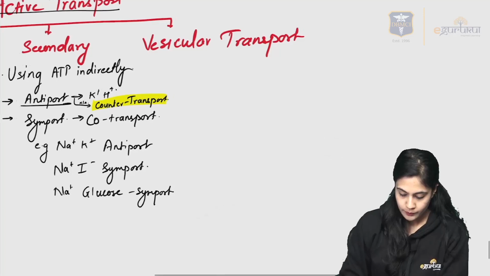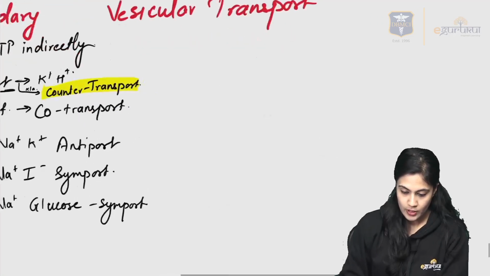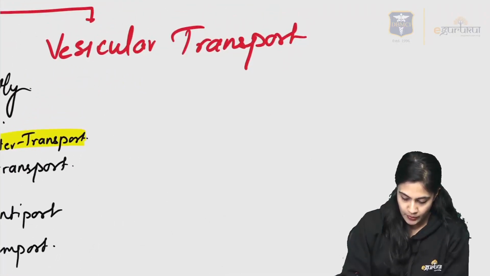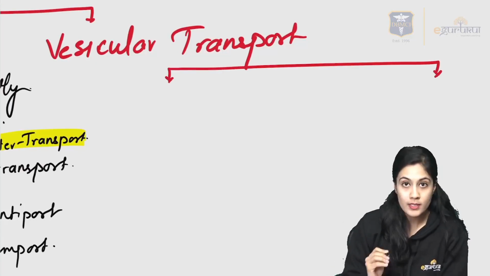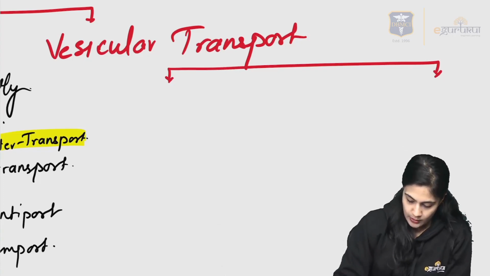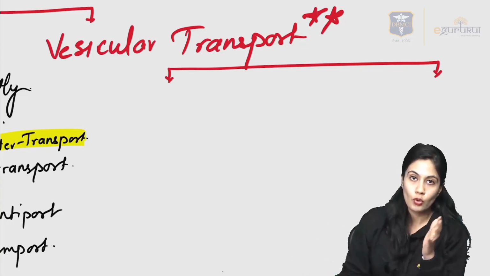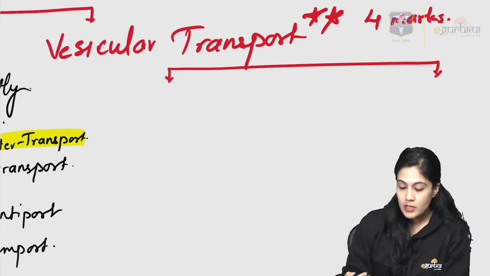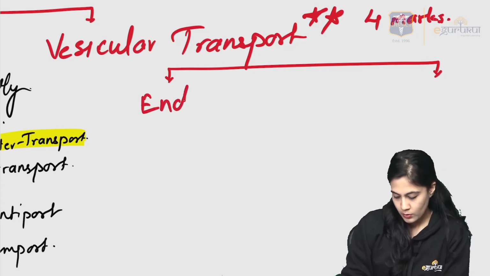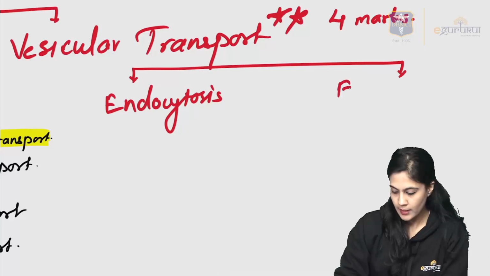Let's move on to the third one, which is the vesicular transport. Now remember, the vesicular transport is again divided into subtypes. You must know this. Vesicular transport is very, very important, because it came as a short note for 4 marks. It is divided into further subtypes, which are endocytosis, as you all know, and the other is exocytosis.